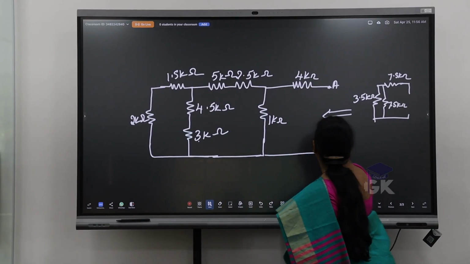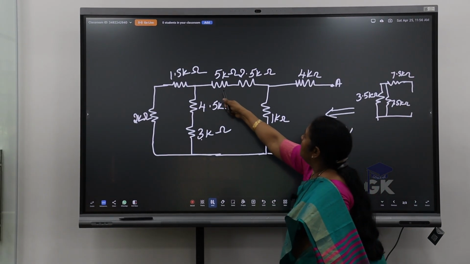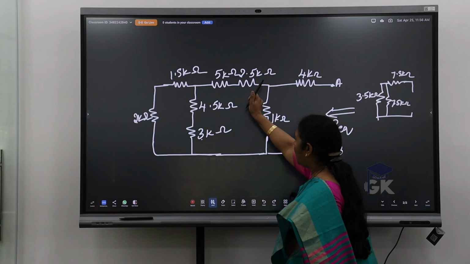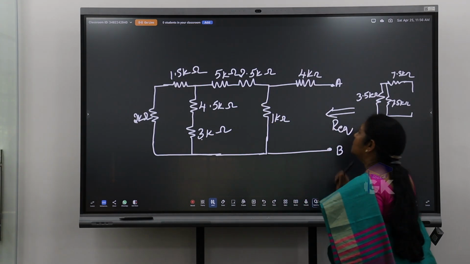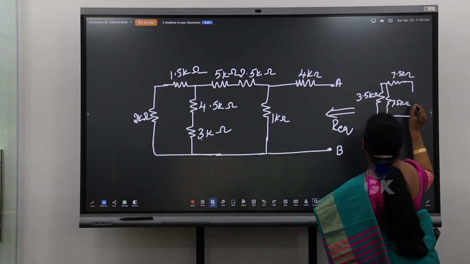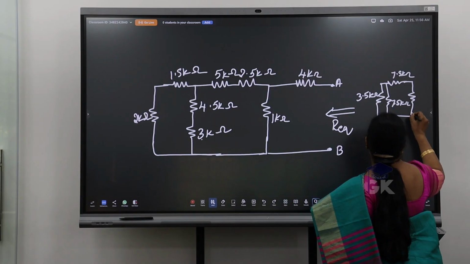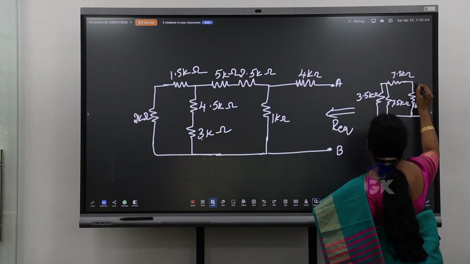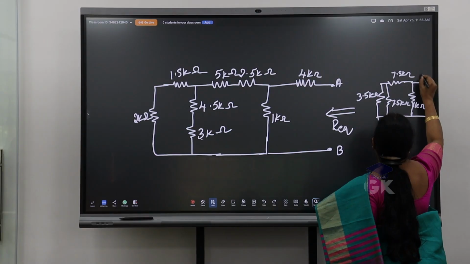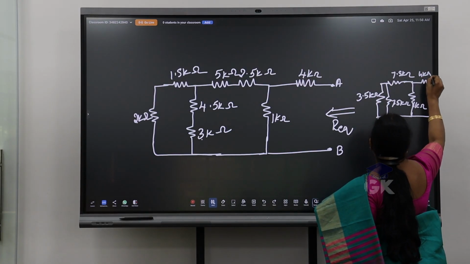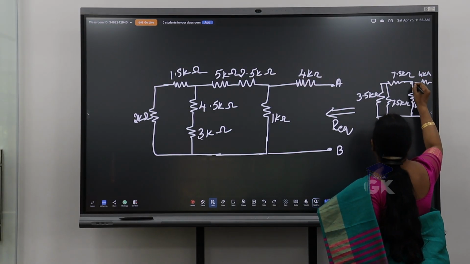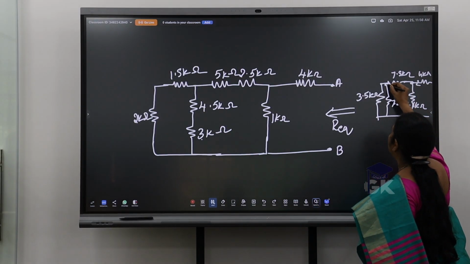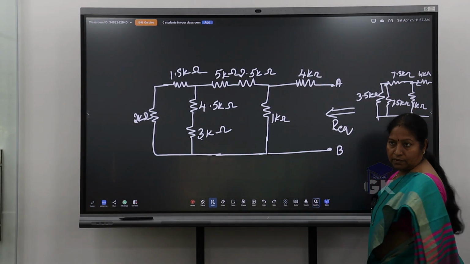5 plus 3. So we just mentioned here. In this branch, 5.5K and also 2.5K, totally in series 7.5K, and we have 1K here, and then we have 4K in series. Now you just see here at this junction, again 2 branches, and this junction 2 branches, right?